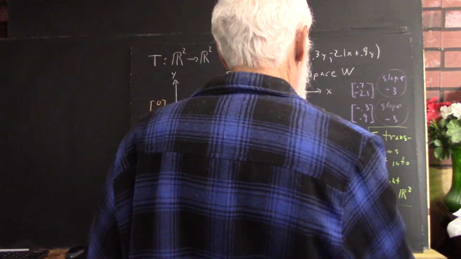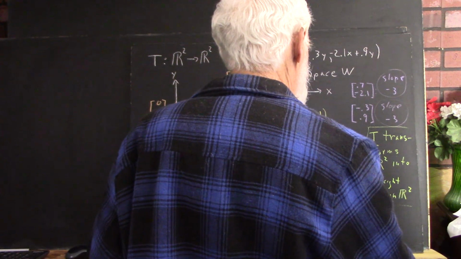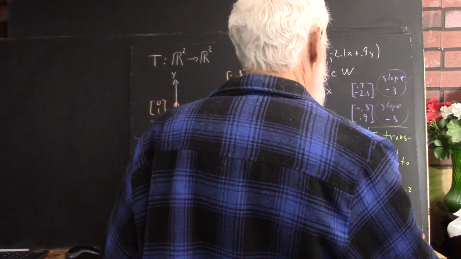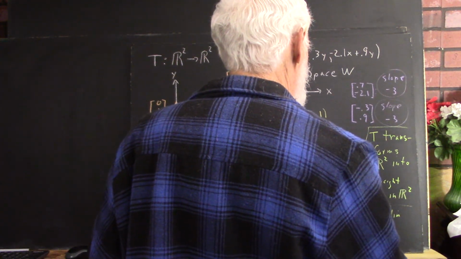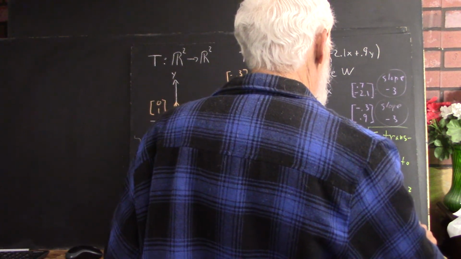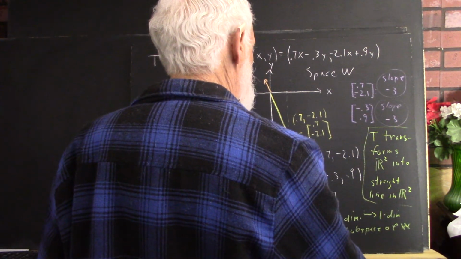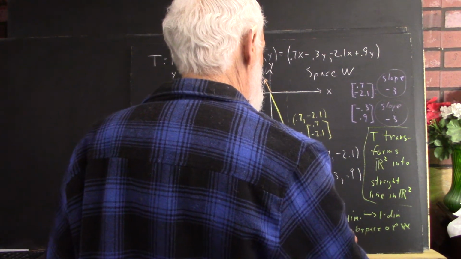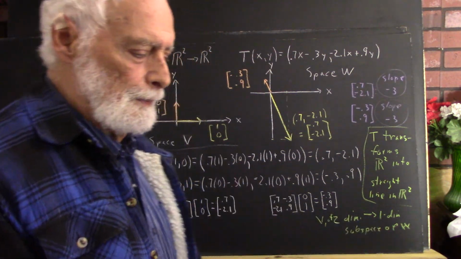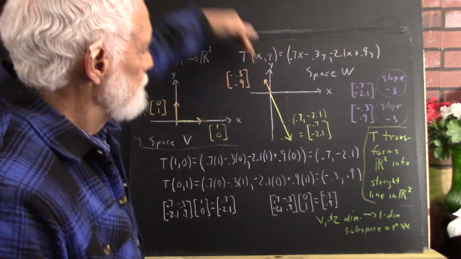So, 2 dimensions maps into a one-dimensional subspace of W. And we'll say the vector V, which is of 2 dimensions, maps to a one-dimensional subspace of W. We collapse, in that sense, we collapse all of R2 onto this line.